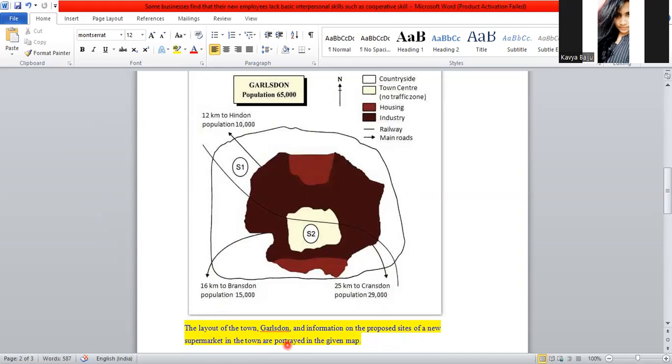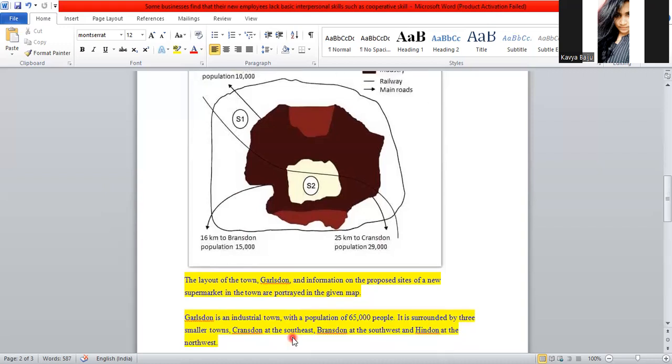So what is there in the given map? The layout of Garlsdon and information on the proposed site of a new supermarket in the town. This is what we have seen in the picture.